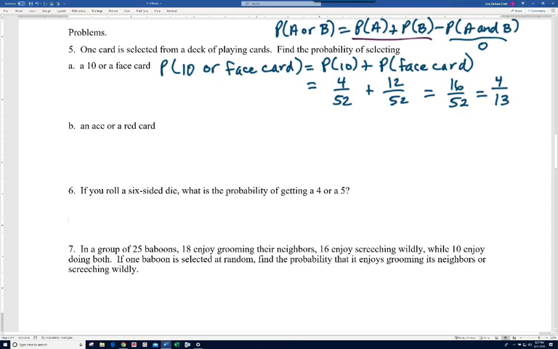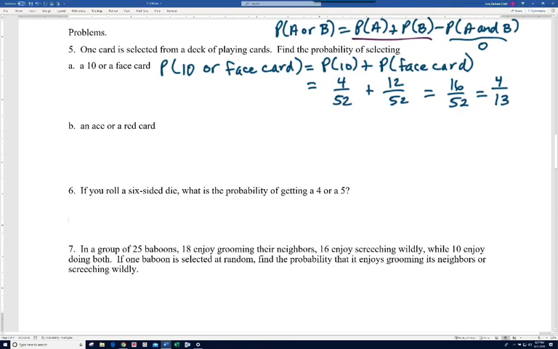All right, the next problem here is, we have to find out what's the probability of getting an ace or a red card. Now, first of all, when you draw one card, it is possible to get a card that's red, and that's also an ace. You could get the hearts, or you could get the diamonds. Okay, so let's go ahead and do this one.